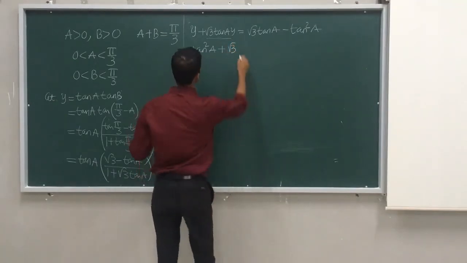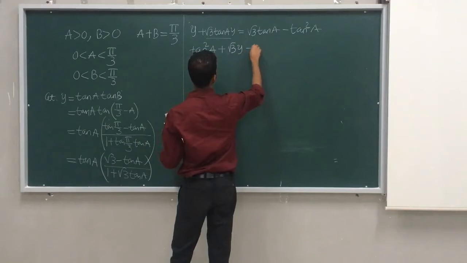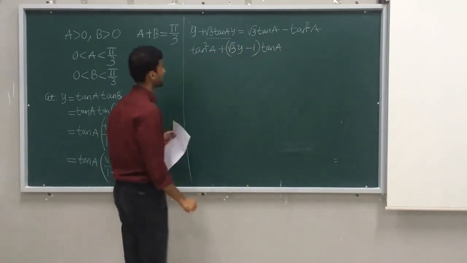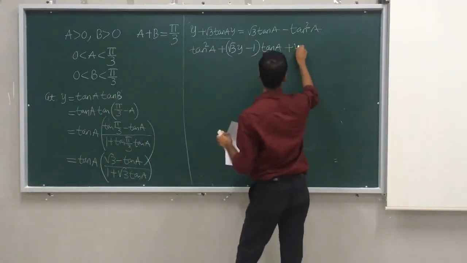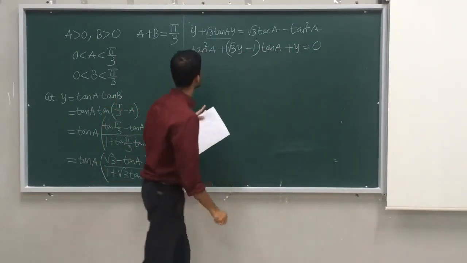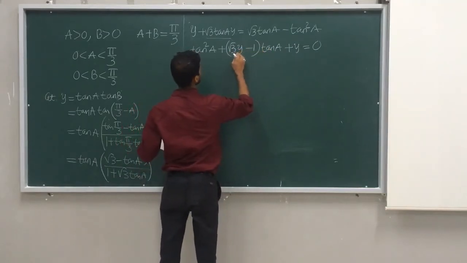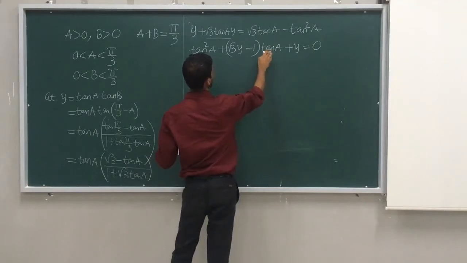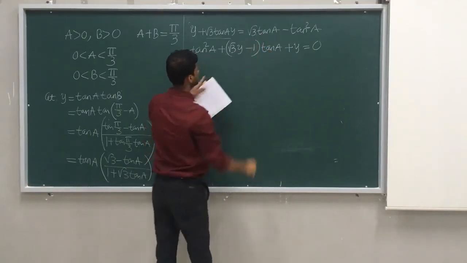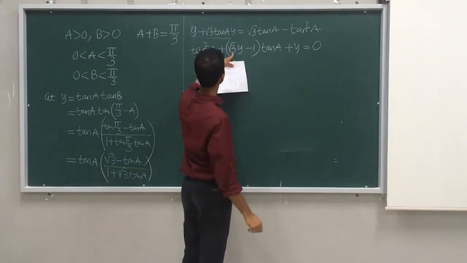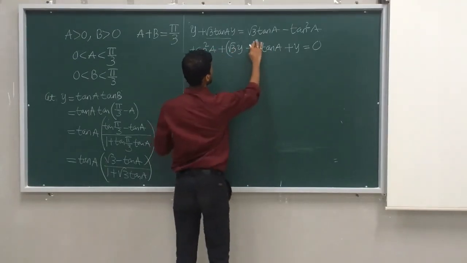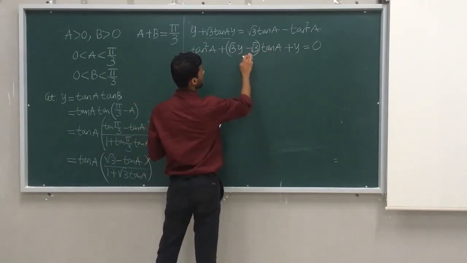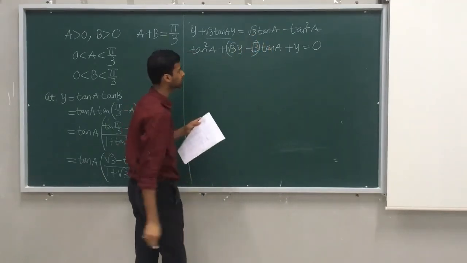This becomes root 3 y minus 1, plus y equals 0, because it is root 3 tan A y minus root 3 tan A. Because I took tan A out, it is root 3 times y minus 1, plus y.